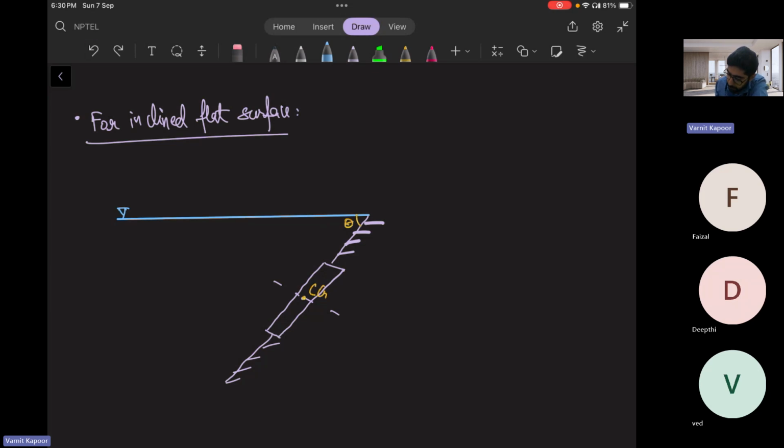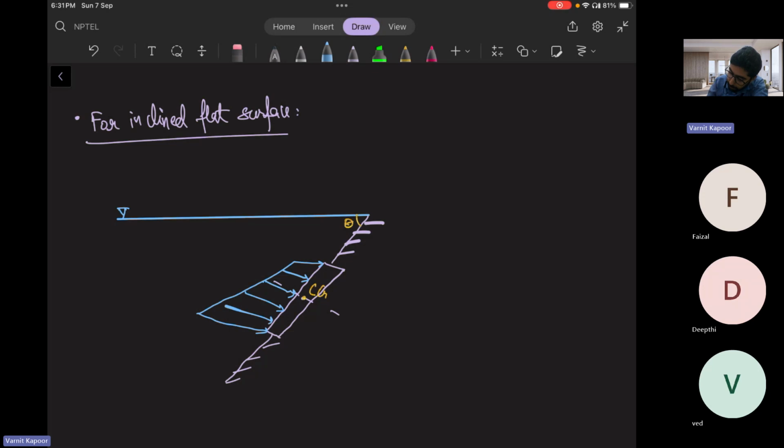So it will start from some pressure, then increase like this, a trapezoidal kind of scenario. So this is your pressure which is acting.